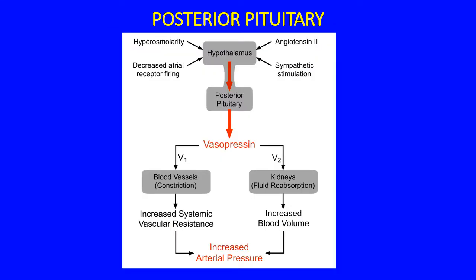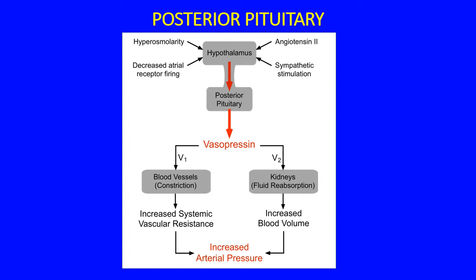Now, later on in the course, we're going to talk a little bit about angiotensin and angiotensinogen and the RAAS system. AVP can be influenced by angiotensin 2. And hyperosmolarity is another one. Decreased atrial receptor firing.